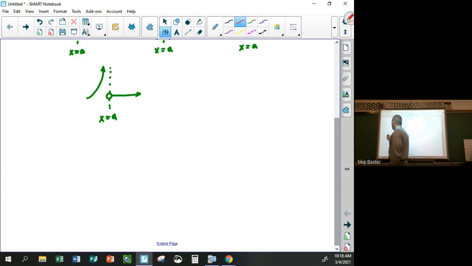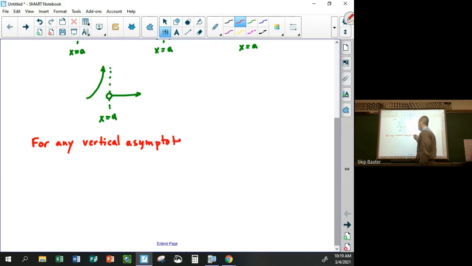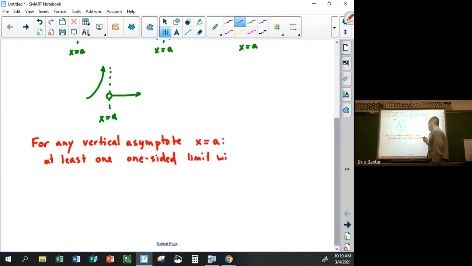So for any of these situations, so for any vertical asymptote x equals a, at least one one-sided limit will be positive infinity or negative infinity.